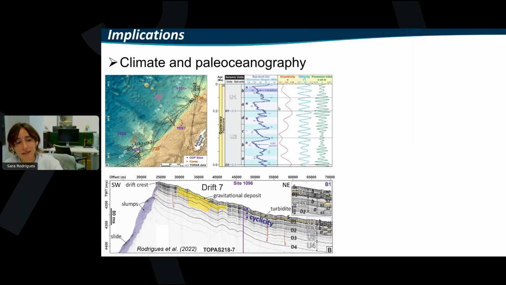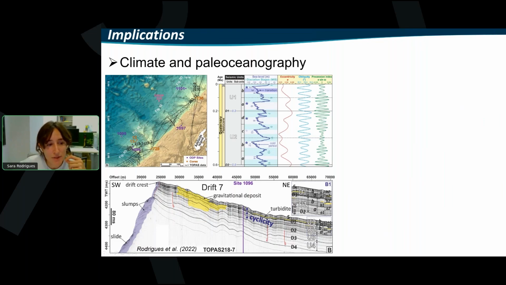Because it is in the Antarctic margin, and because this is in the southern pole, a lot of the currents that sweep through this area are actually cold currents. And what does that mean? It means that they are stronger when we have glacial cycles, because we have more sea ice forming in the areas closer to the shelf.